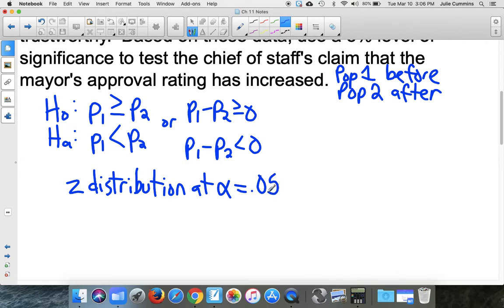All right, and now we need to calculate our test statistic. So this is where we're using that big fancy formula on the other side. So we need p hat 1 minus p hat 2.